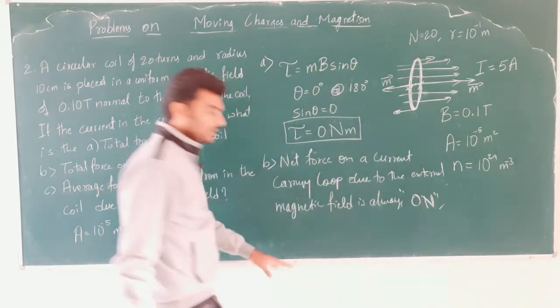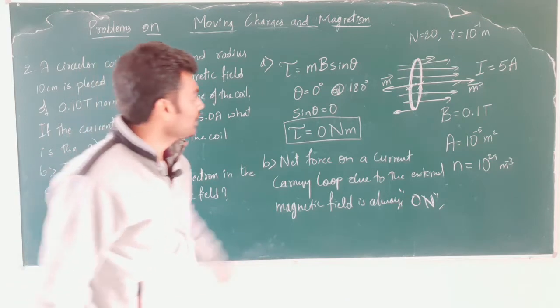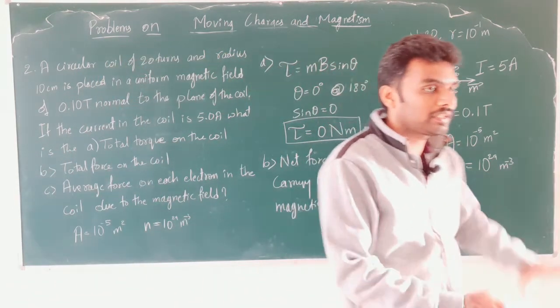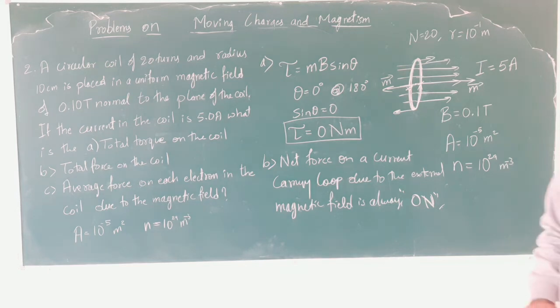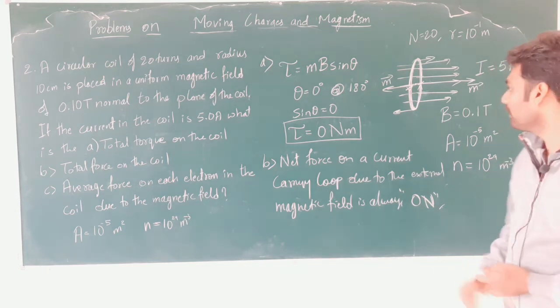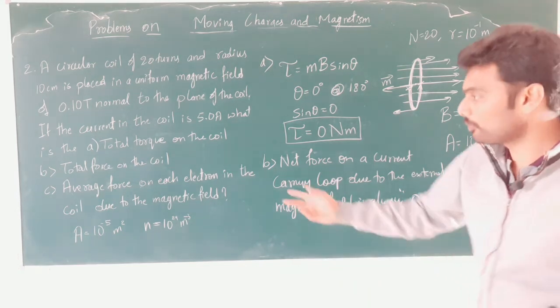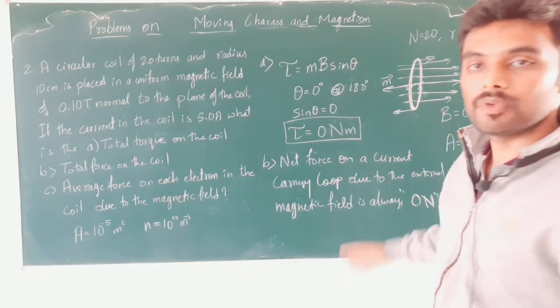Okay, that's it, very easy. Equal and opposite force on one half and the other half of the coil, and hence the total force is always 0. Okay, keep that in mind. So we have answered two of the parts of the question. Let me go for the third part.